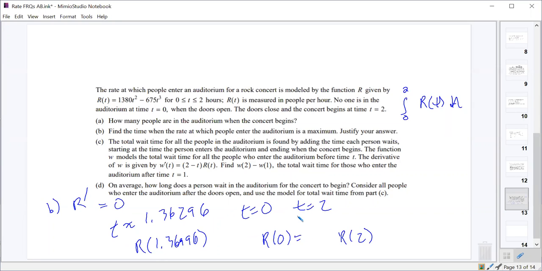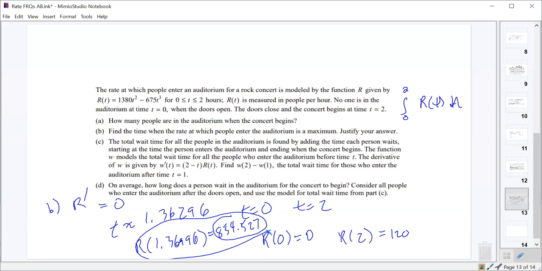So r of 0, you can see easily enough is 0. R of 2, if you plug that in, came out to be 120. And r of 1.36 whatever came out to be 854.527. So at this value, 1.3 whatever it was, is where we had the rate at a maximum.